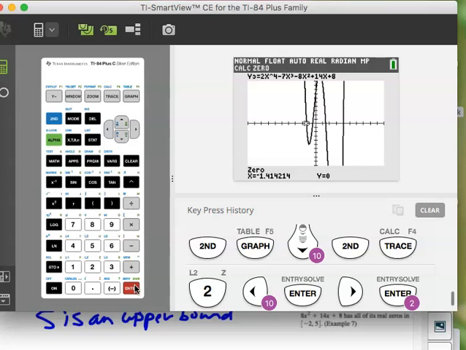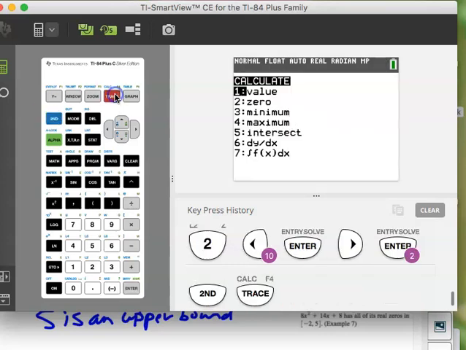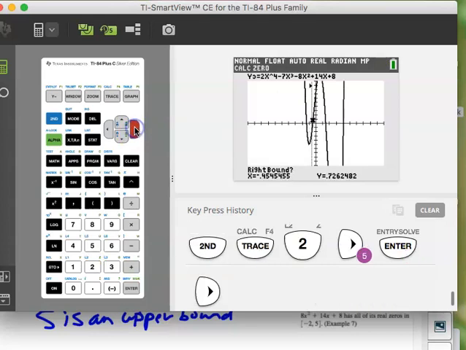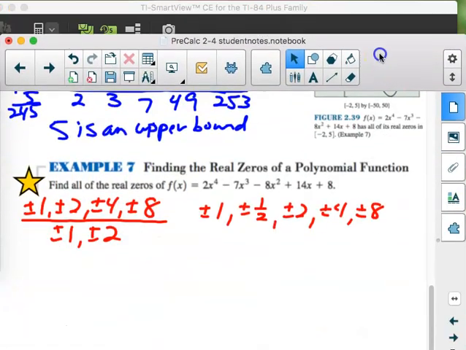Well, then let's keep going. Second trace, number 2, below it, above it. Oh, we know that one. That one's a negative 1/2. So far we have a negative 1/2 and we have a 4. And we just needed 2 to get us started.